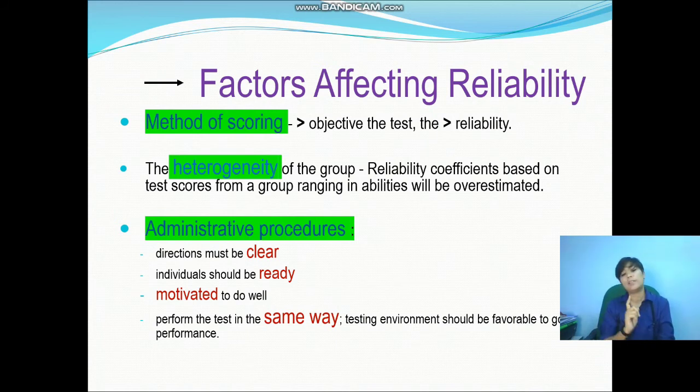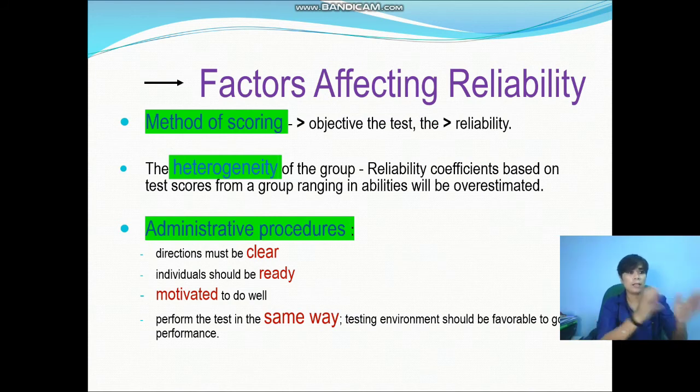That's for example. Okay. The third one, administrative procedure. Directions must also be very clear. Individuals should be ready and motivated, and they perform the test in the same way. The testing environment should be favorable to a good performance. If you test the blip test on the running track, everyone must be tested on that track. If you're testing agility on a football field, the artificial turf, everyone must perform on that.